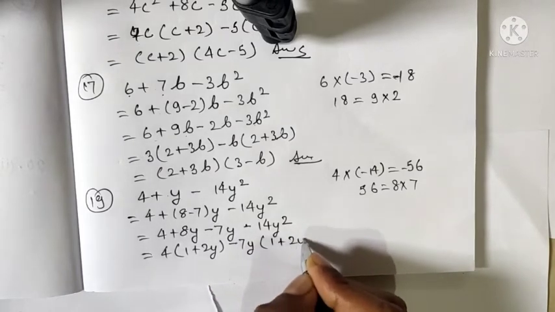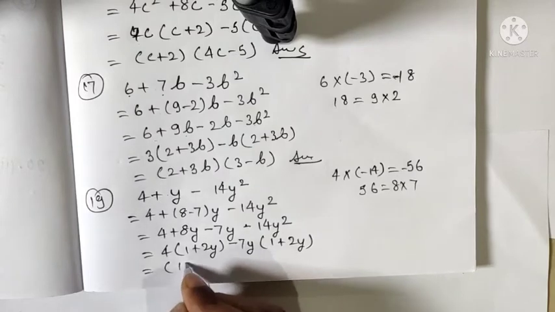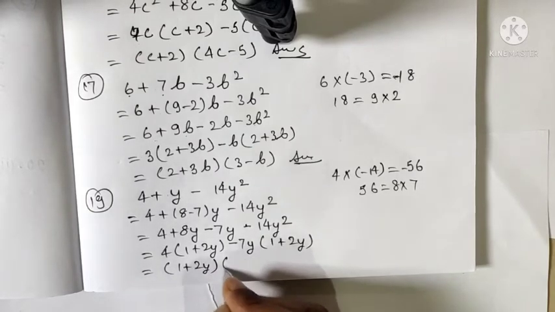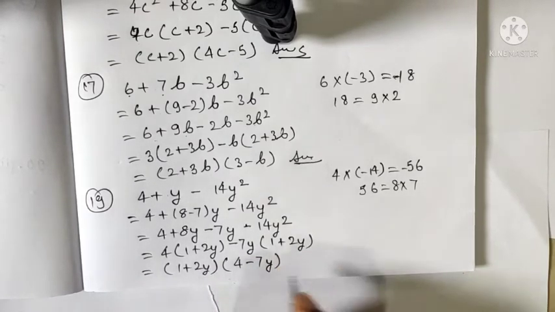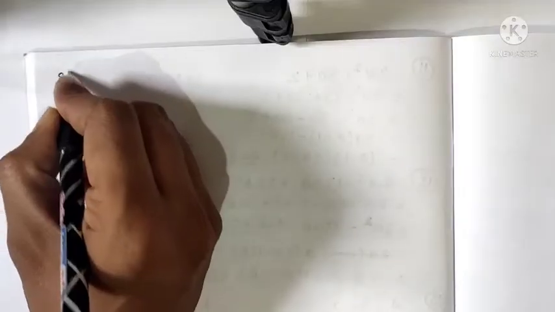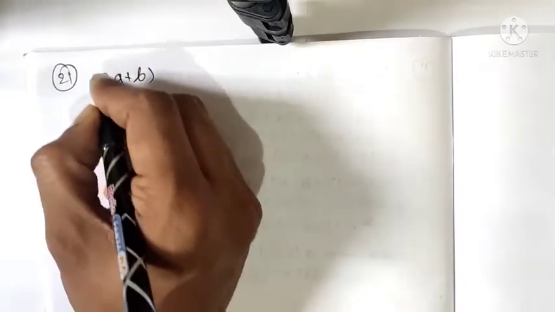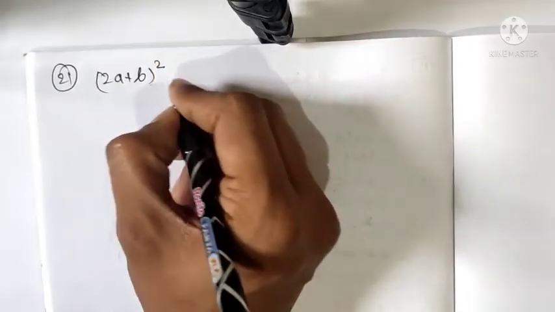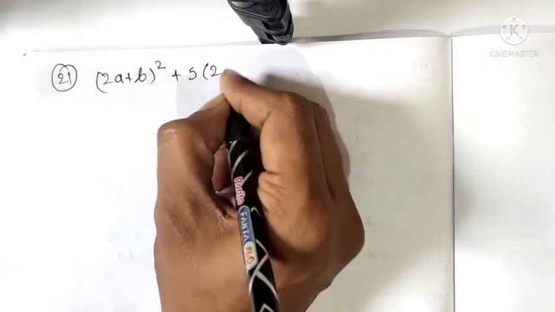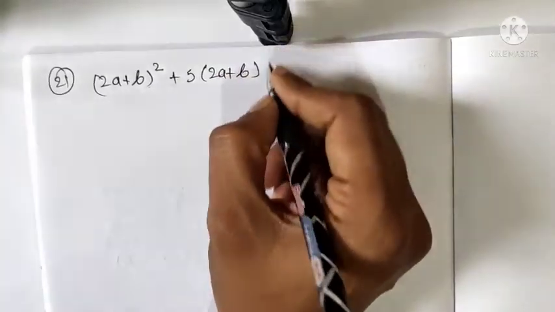Hence the answer is 1 plus 2y into 4 minus 7y. Simple. Now question number 21. Question number 21 is 2a plus b whole square plus 5 into 2a plus b plus 6.